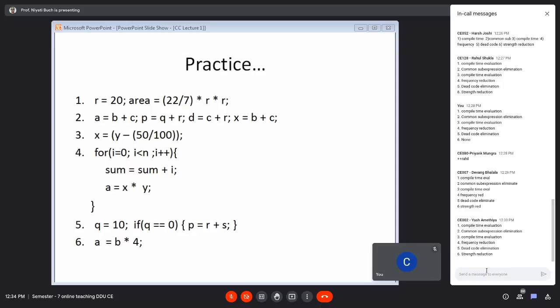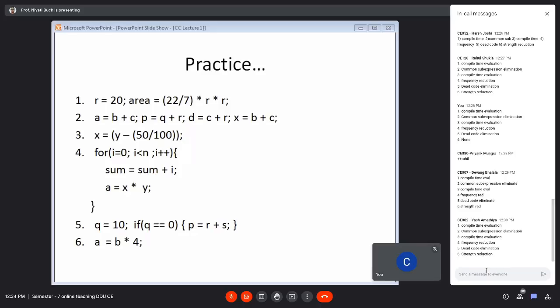Now, fifth one, so all of you have correctly identified frequency reduction for the fourth code segment. Now, looking at the fifth one, there is a value 10 assigned to Q. And now we are making a condition check: if Q is equal to 0, then perform a certain task.